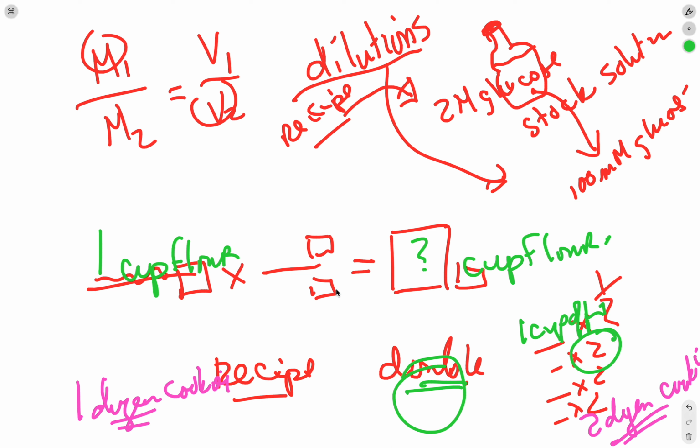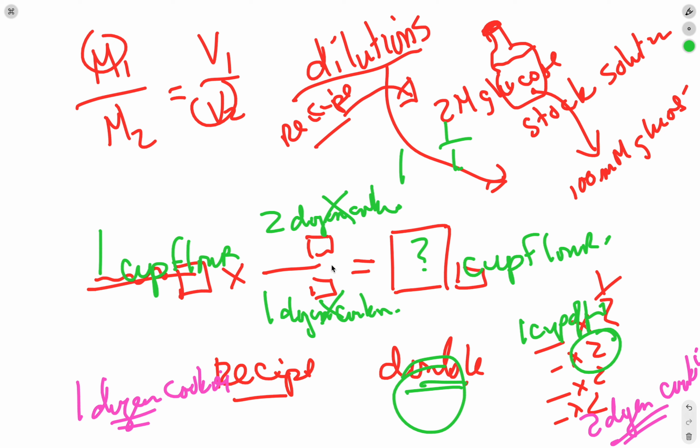And the way it gets to be 2 is you're going to put the amount of cookies you want, 2 dozen cookies, into this fraction, and you're going to put the original amount, yield, 1 dozen cookies in. And what you're doing there is you're putting a unit over a unit, and 1 over 1 in math always can just be canceled because it's just 1. And so these units I've crossed out, they'll cancel. And you go from 1 cup of flour times 2 divided by 1 equals 2 cups of flour.